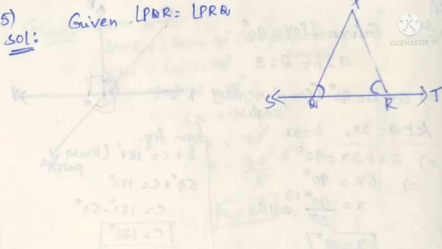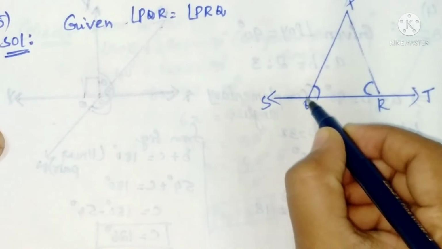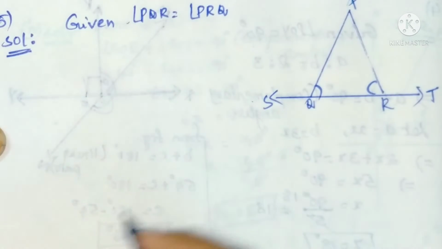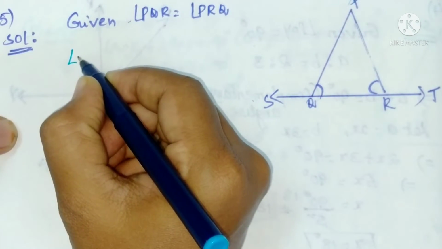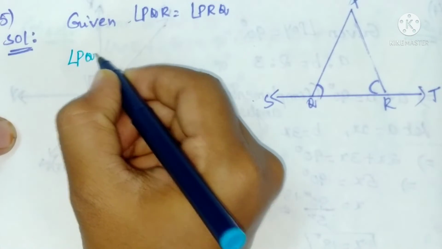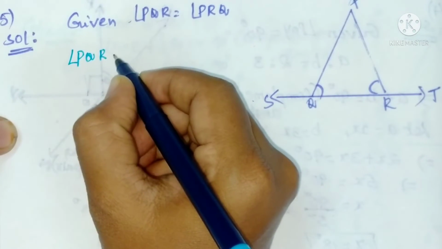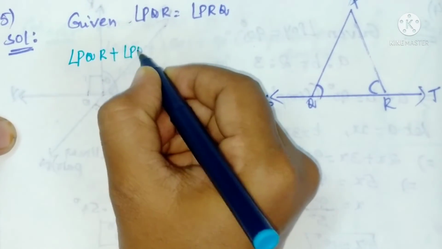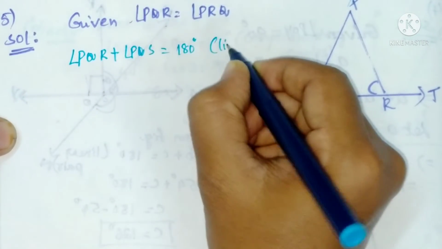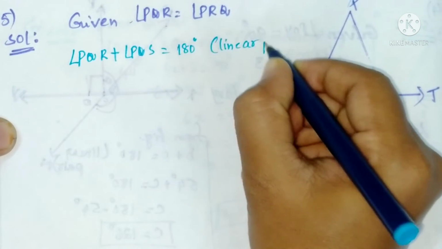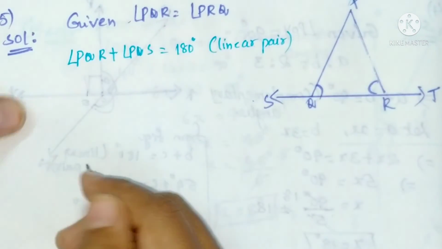Now we know angle PQR and angle PQS add up to 180 because they form a straight line, right? So angle PQR plus angle PQS is equal to 180 degrees. We can say they are a linear pair.